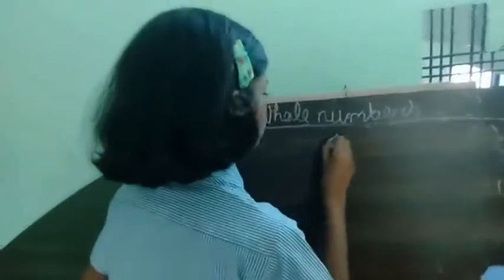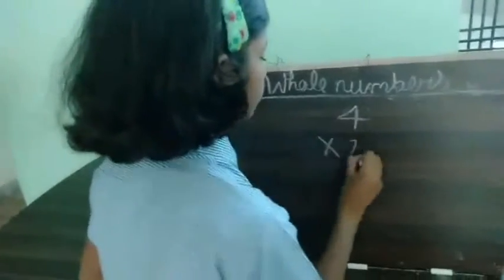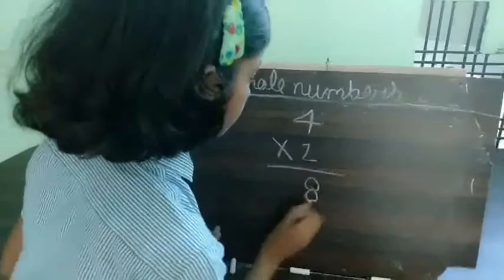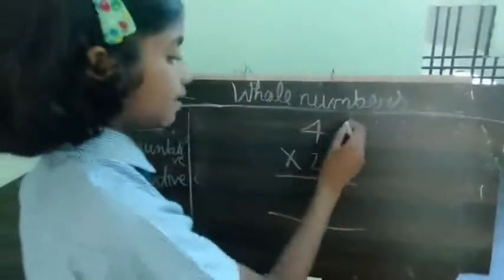First, we all know what multiplication is. So, how to do multiplication? Equals 8. Now, I will describe some parts of multiplication.